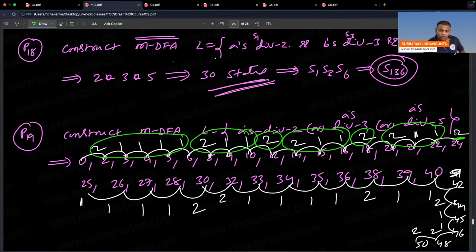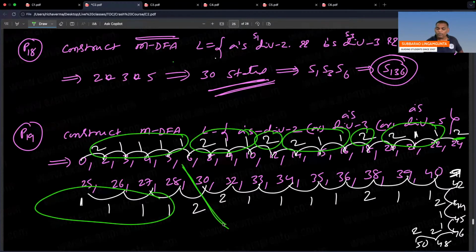Again 2, four 1s. Next one 2 2 2, four 1s. Again afterwards double 2s came. Can you see here? Afterwards, verify whether the same thing is repeating. So it's 2, four 1s.